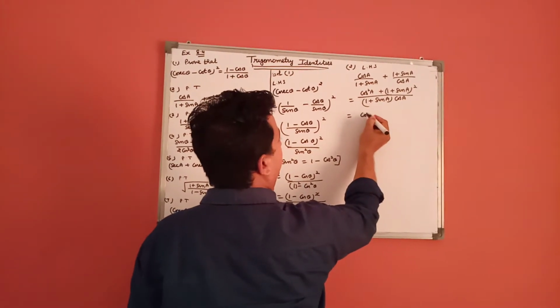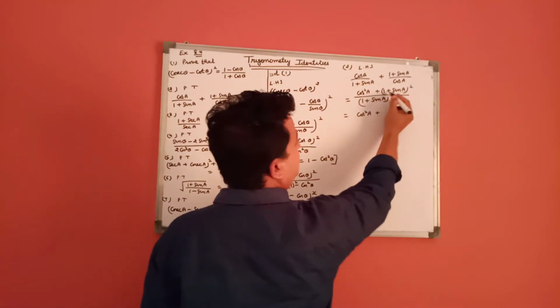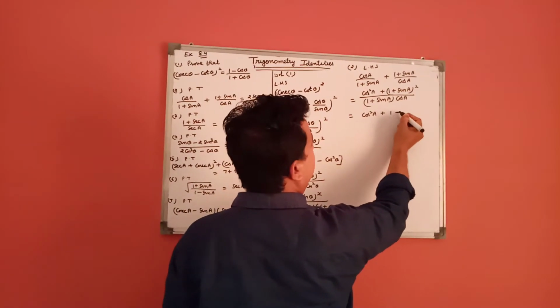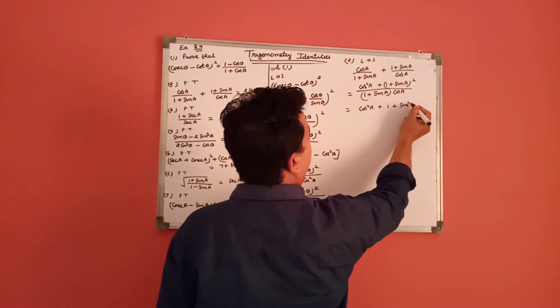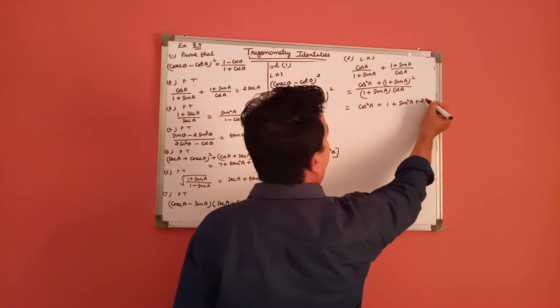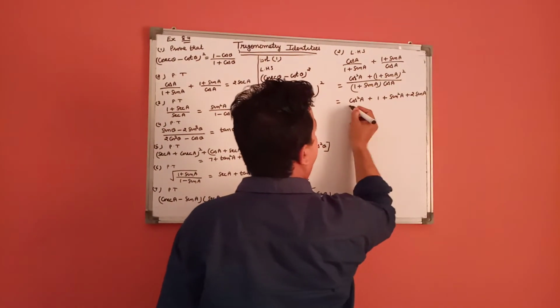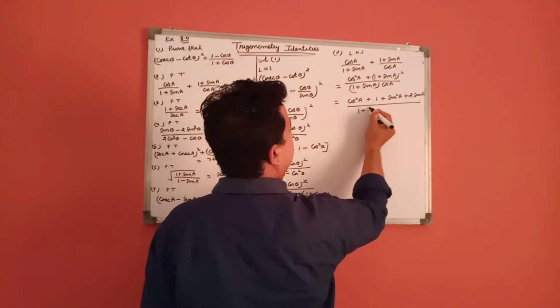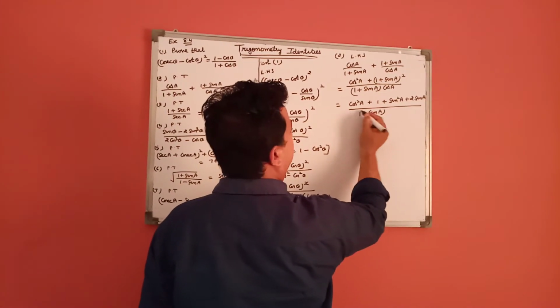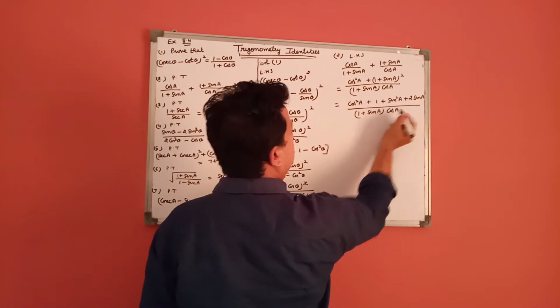When we open this identity, (A plus B) whole square, this becomes A square plus B square plus 2AB. Denominator is (1 plus sin A) multiplied by cos A.